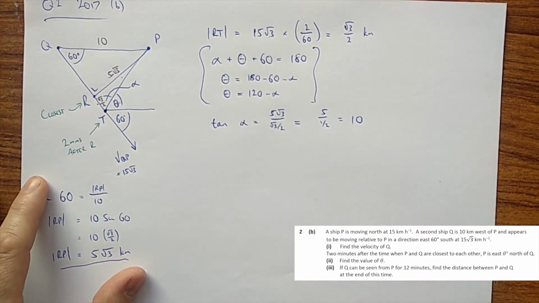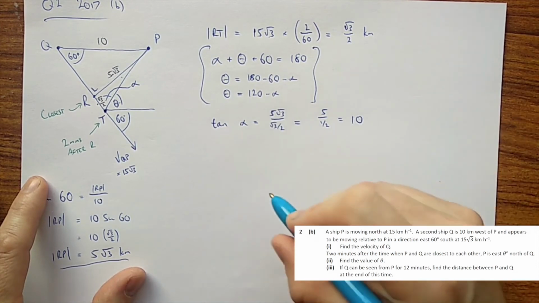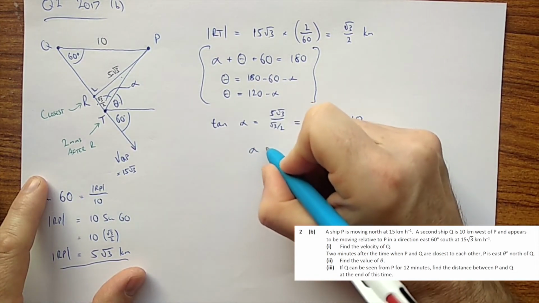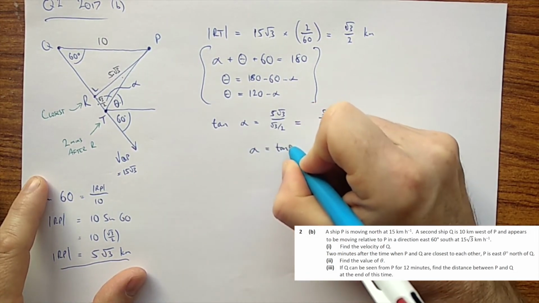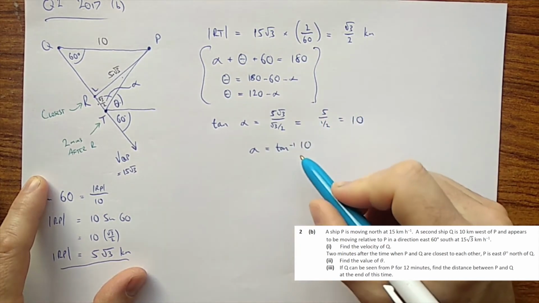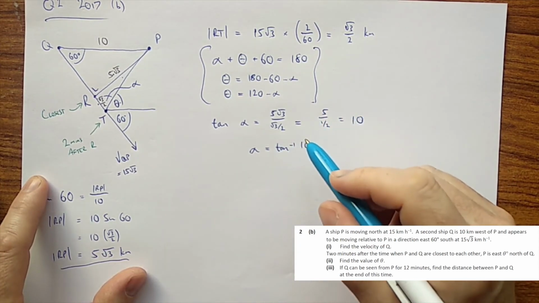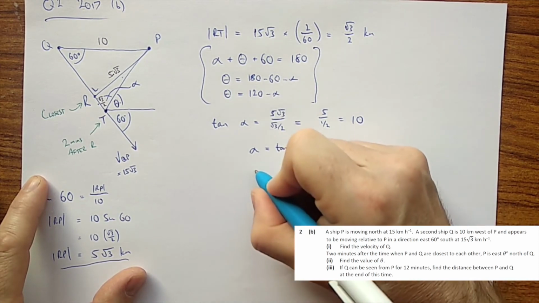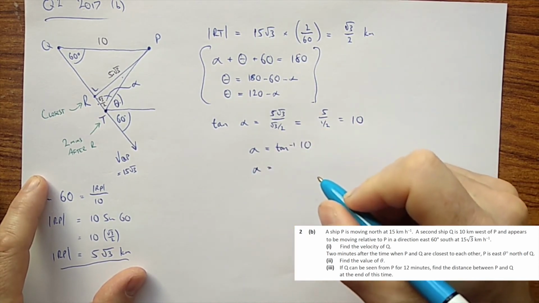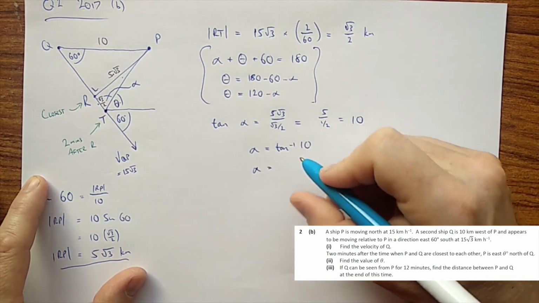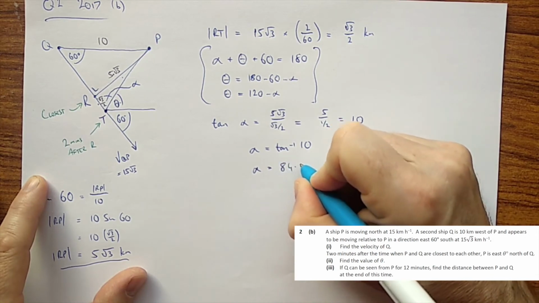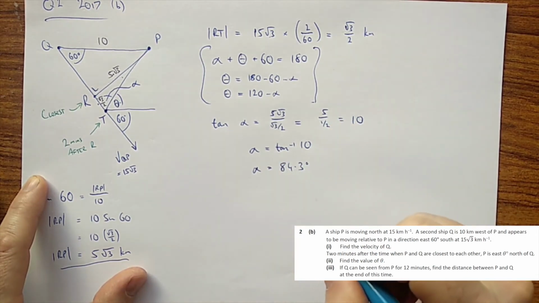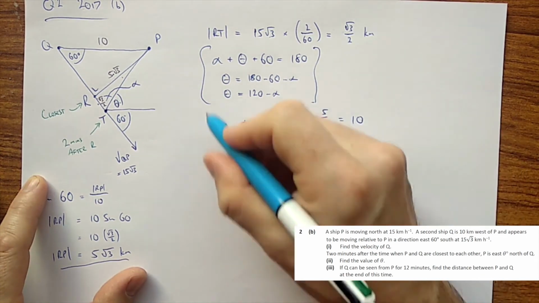That might seem a little bit odd, but that's fine. These ones kind of happen. So alpha is the tan inverse of 10. If you're ever unsure about those weird, bigger numbers like that, stick them in the calculator and see what happens. What you find out is it does happen with very big angles. And of course, alpha comes out to 84.3 degrees. Okay, coming back up to our equation here, bring this down.